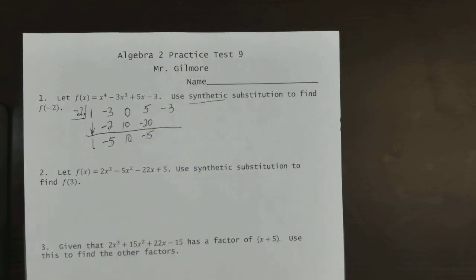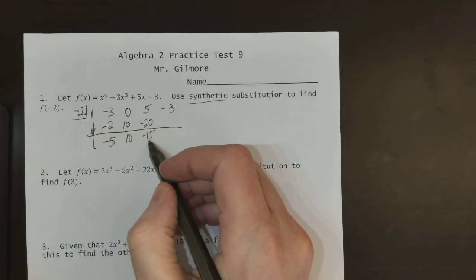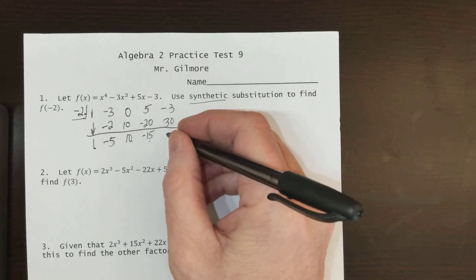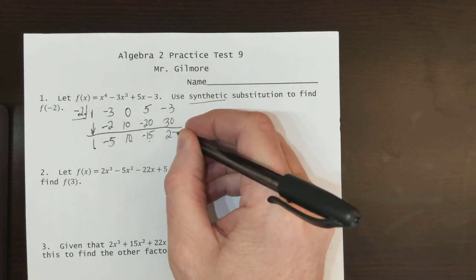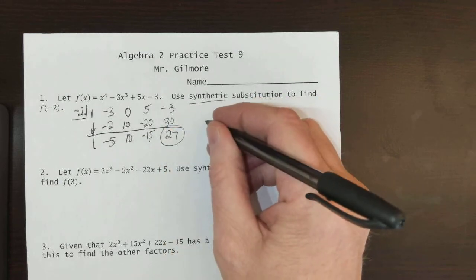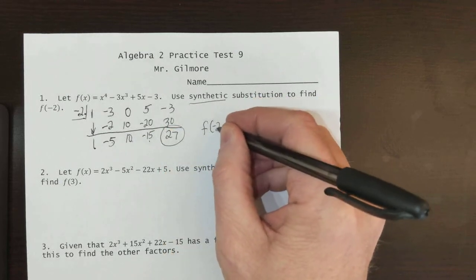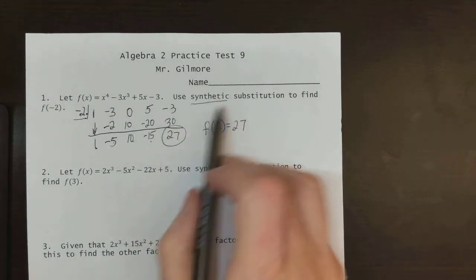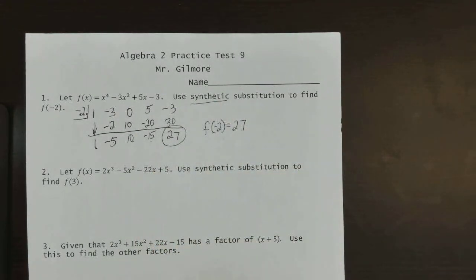And negative 2 times negative 15 is 30. Negative 3 plus 30 is 27. So I'm going to write my final answer as f of negative 2 equals 27. And I used synthetic substitution to get that answer.